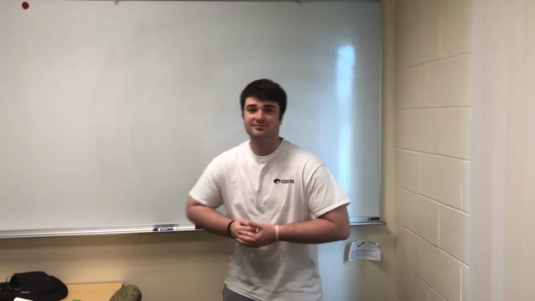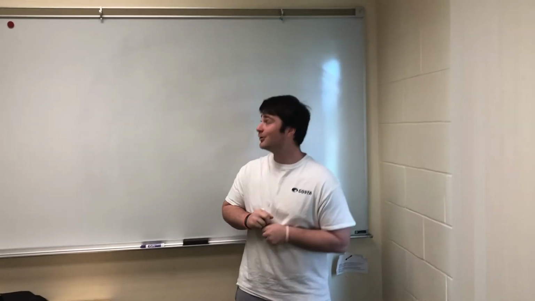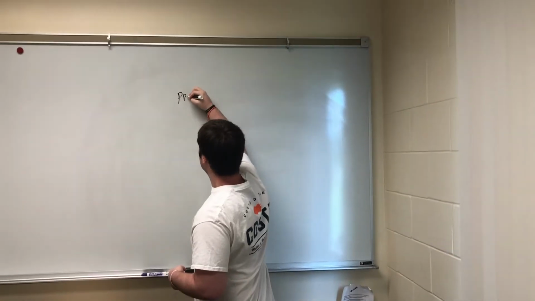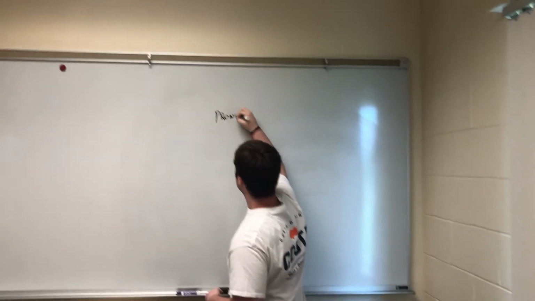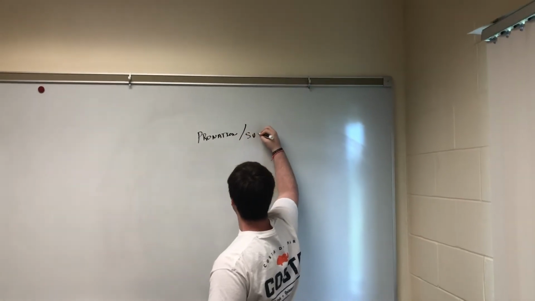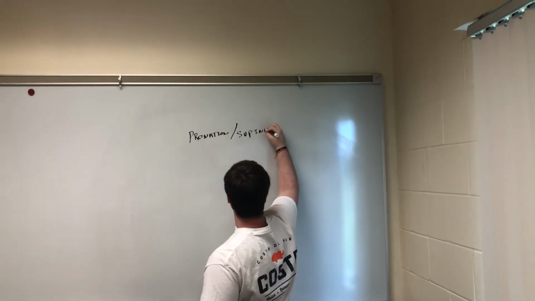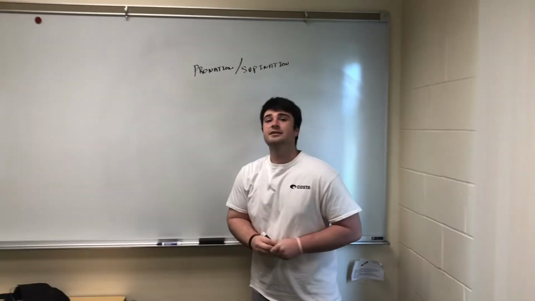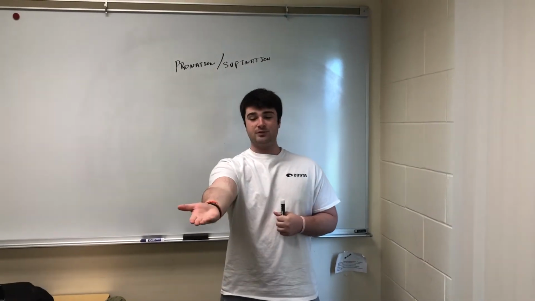Welcome back. Next we're going to talk about special movements. The first one is going to be pronation and supination. These movements can happen at the forearm.